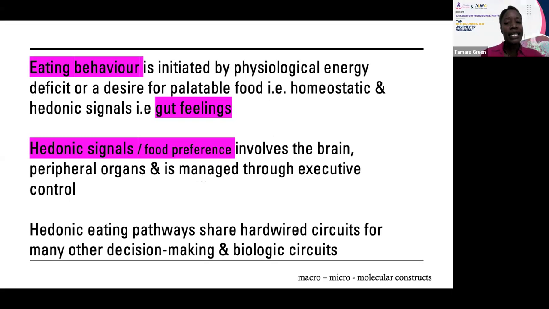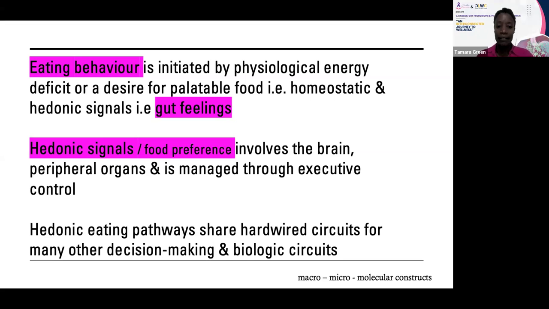Now, our eating behaviors, as was my example, my testimonial, originate in our guts. Our gut feelings are either hunger or intuition. And I'm going to say that another way.